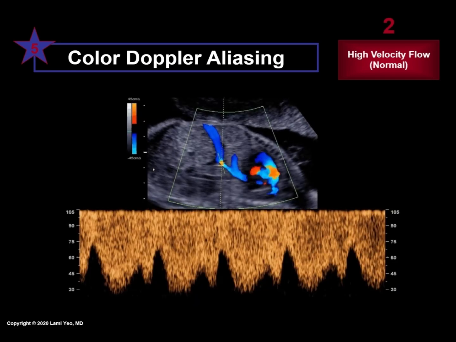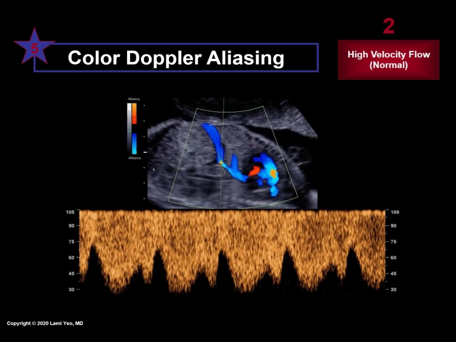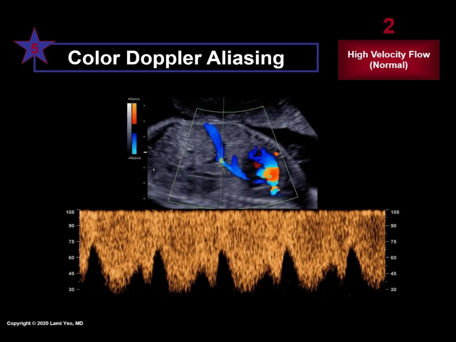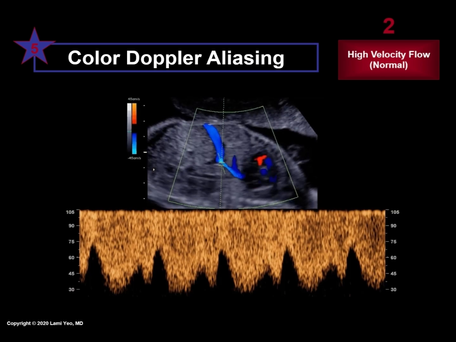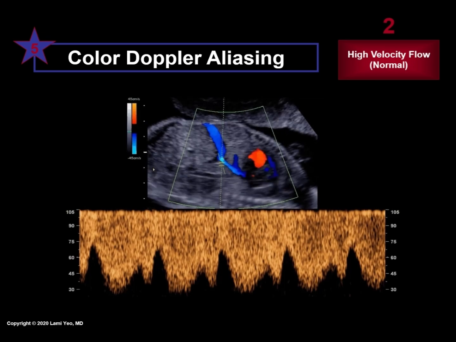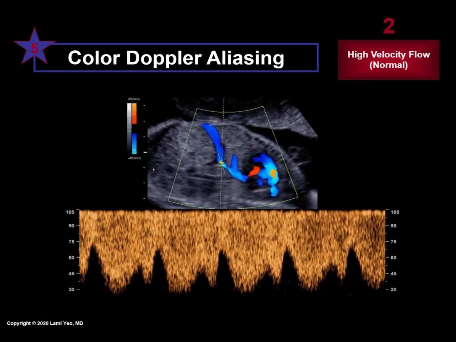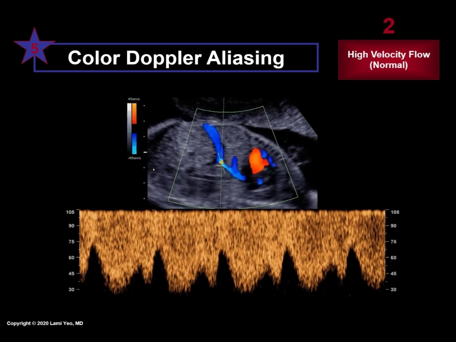Once the ductus venosus is identified using color Doppler, the sample volume or gate can be placed in the correct location to provide the spectral Doppler velocimetry waveform as shown. Therefore, in this situation, color Doppler aliasing is valuable because it localizes the ductus venosus for spectral sampling. Remember that the aliasing is due to high velocity blood flow within the ductus venosus.